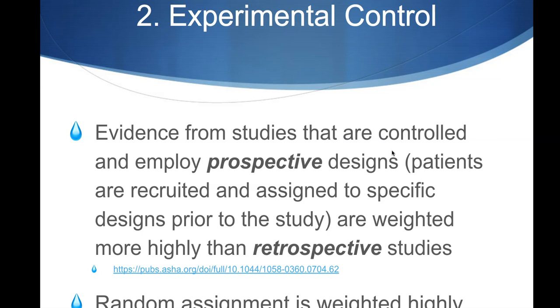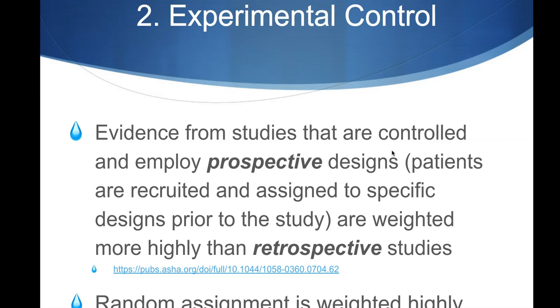We might talk later about some reasons why you might want to select which clients go into what, so that you can match for certain things, maybe gender. You could still do some of that randomly. But overall, because of the reduction of bias, completely random assignment is weighted the highest.